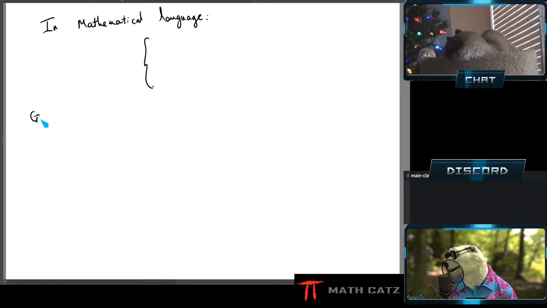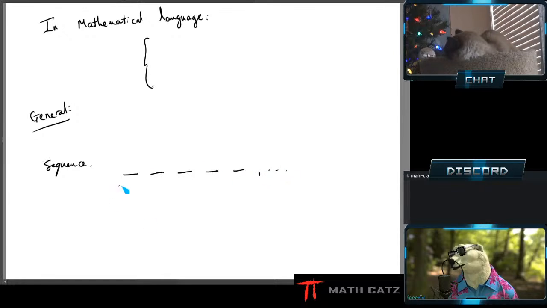So let's just say some things in general. I have my sequence. Now I don't know what it's going to be, but the first one is going to be in position 1, position 2, position 3, position 4, 5, and so on going forever.